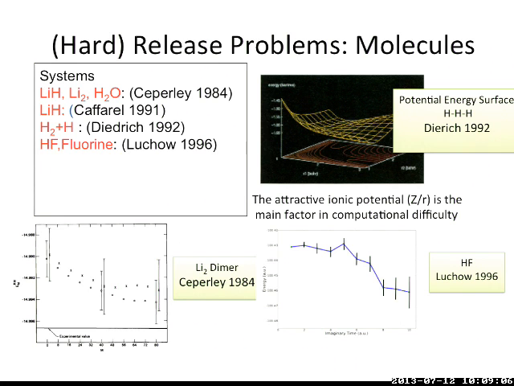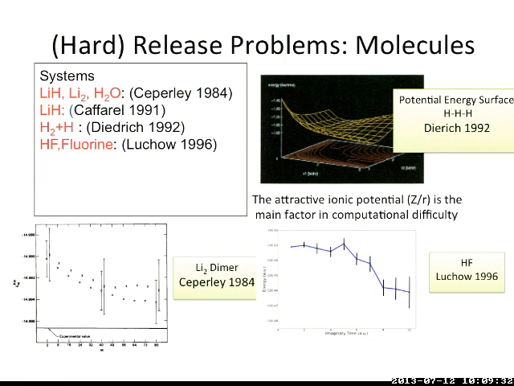But other problems that we might be interested in are a bit harder. So molecules, and there's been a lot of chemistry shown in the last week, so I'm also interested in some of these systems. So you can see some of the most notable calculations done from 84 to 1996.